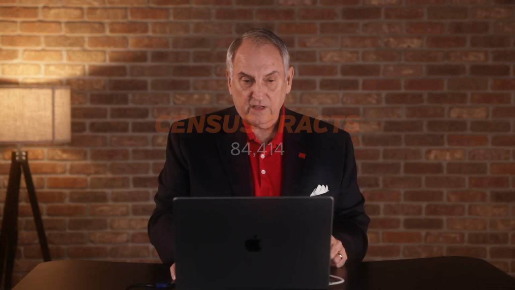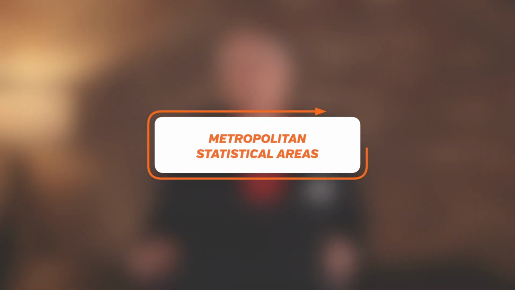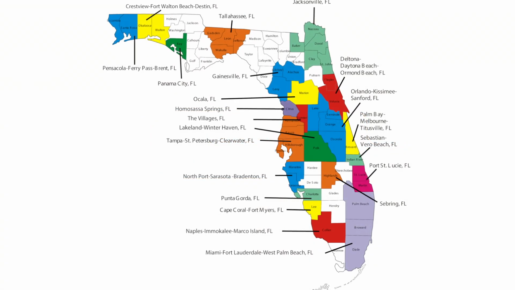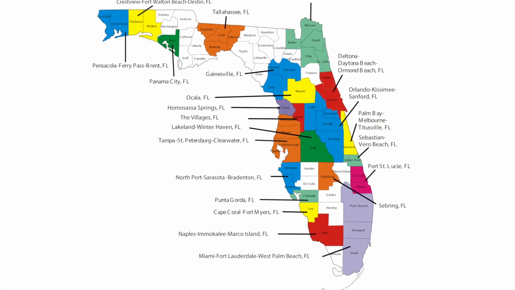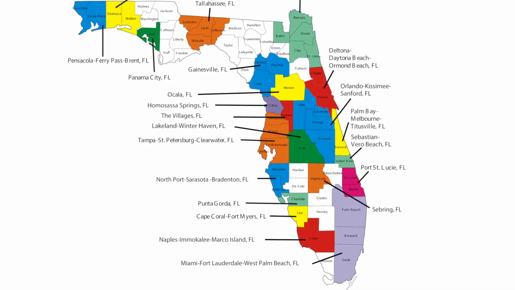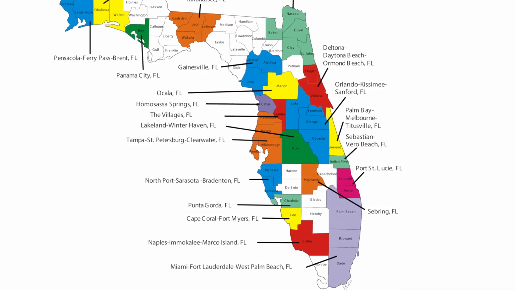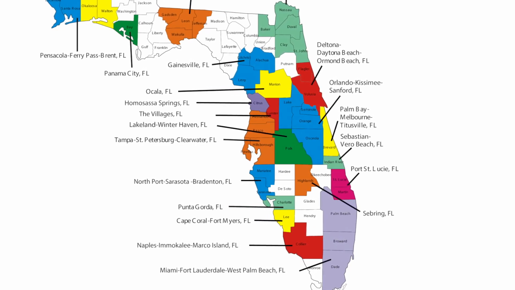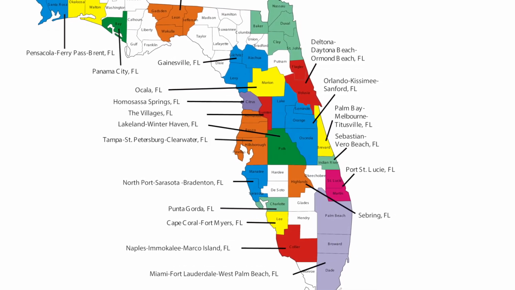census tracts. So the other unit of formal geography that we often will look at are metropolitan statistical areas. Metropolitan statistical areas are combinations of one or more county that have a combined economic impact. The Office of Management and Budget creates these units.